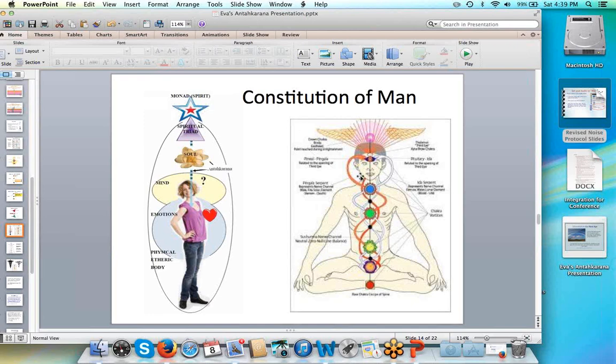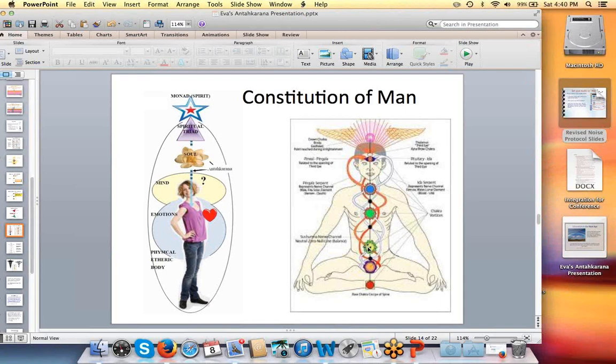Okay, now this is a depiction of man, and same thing, all depicted within the human form. You have the chakras here represented, which we're not going to go into right now because that's not what this talk is about. And you have the energies moving up through the chakras, eventually with that life stream going right up to the monad, right?